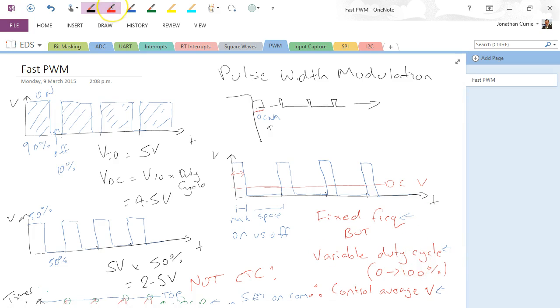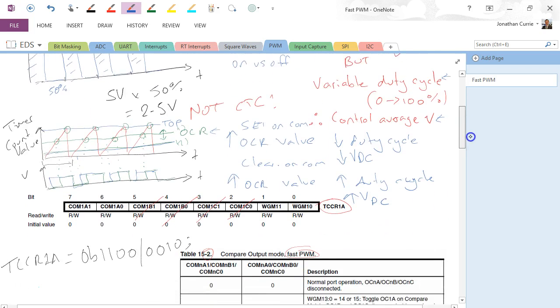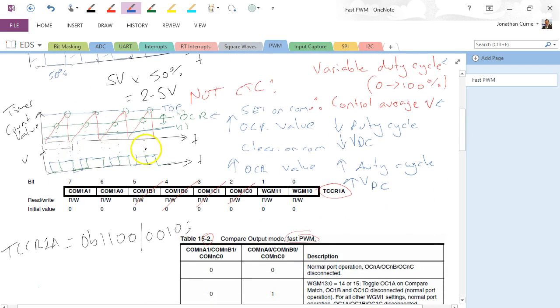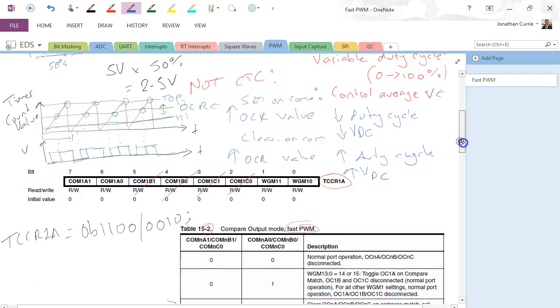You can get variable frequency with variable duty cycle, but I recommend if you're doing something like that, then you have a look at the phase and frequency correct PWM modes. We've had a look how PWM actually works in terms of the average voltage. We've seen voltage on versus voltage off, calculated the average, and therefore had a look how the voltage can change. And we've looked how the timer actually works to be able to generate that.